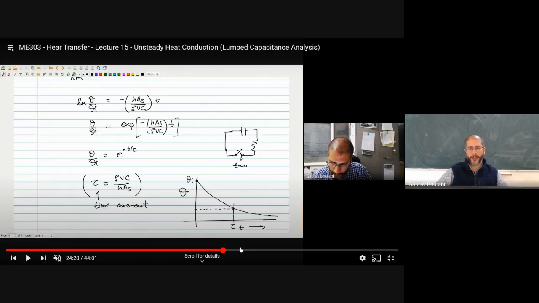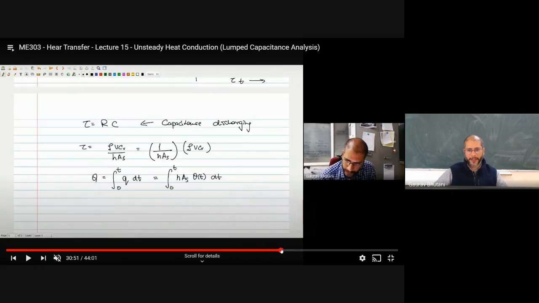Okay, so R being thermal resistance because of conduction, and R being the thermal resistance because of convection between the body and the fluid, and C being the capacitance, that is the storage capacity, because of the internal energy that the body can store.